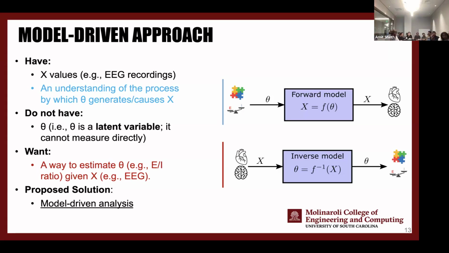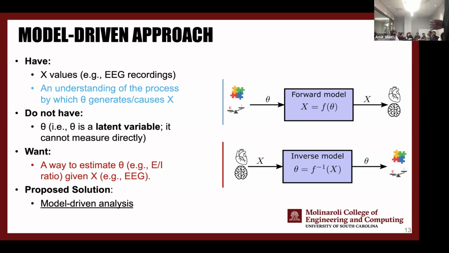Theta is a latent variable. You cannot measure it directly. You just don't have the means to measure it directly. What you want is a way to estimate theta given your observation. Note that in blue here, understanding the process by which theta causes X is your forward model.